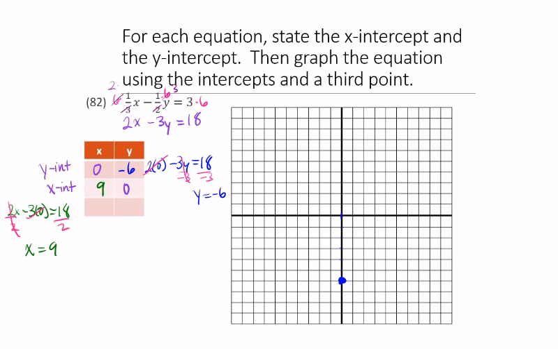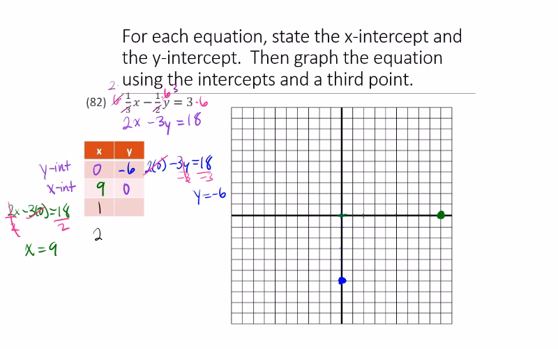Okay, so the x-intercept where y equals 0, x equals 1, 2, 3, 4, 5, 6, 7, 8, 9. All right, and now for the kicker, one more point. Let's see, we've been plugging in 1. Yeah, I'll just plug in 1 again.